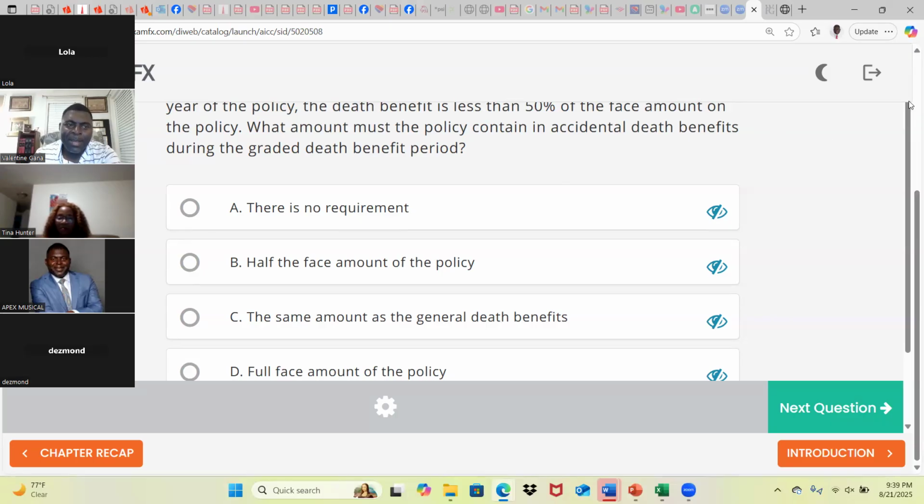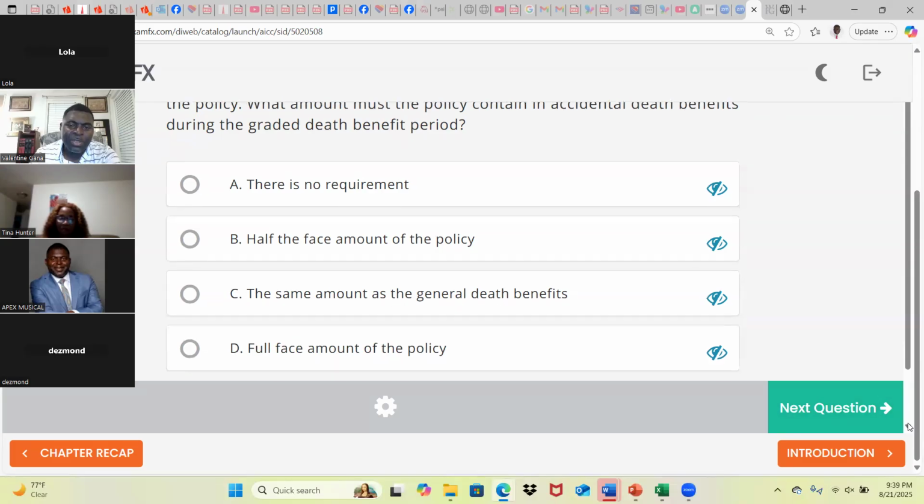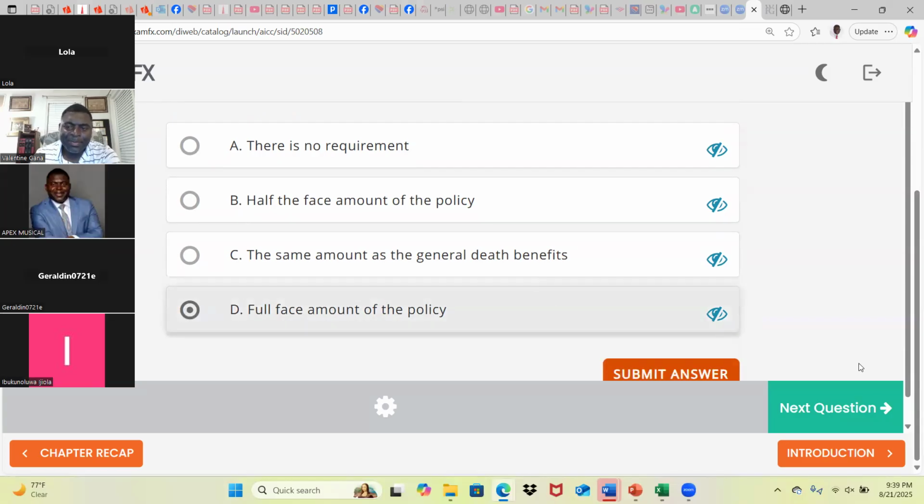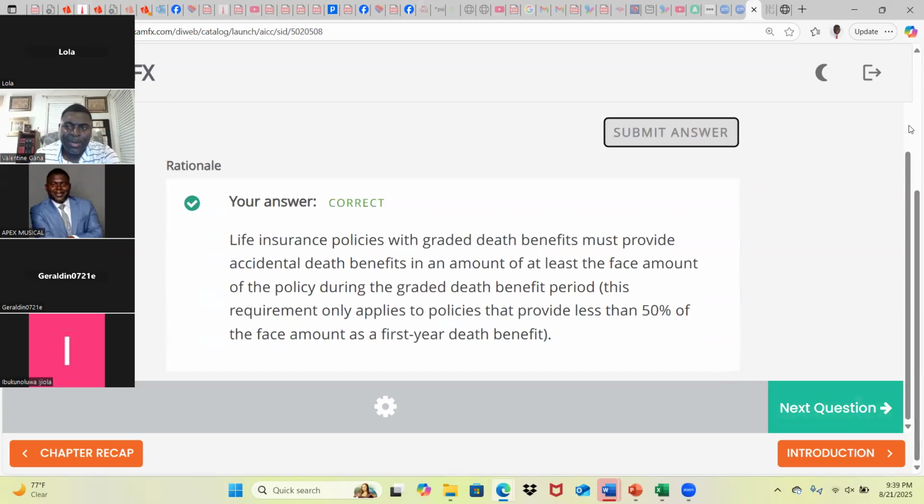It's not a rider, but they are making a distinction of that person dying from an accident as opposed to dying of an illness. So let's just pick one answer and then we'll see if we can understand why they are doing that. Let's go with D. D, full face amount of the policy. Yes, that's correct.